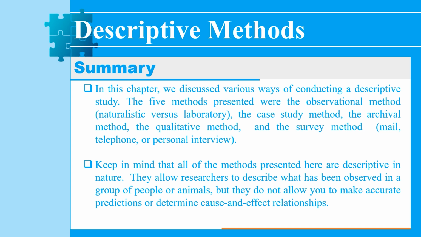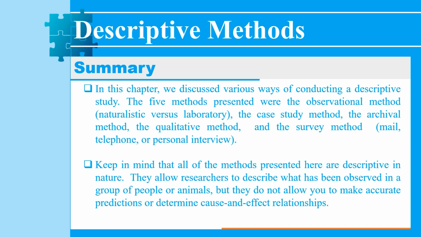Various methods of sampling participants were discussed as well, along with how best to write a survey and arrange the questions on the survey. Keep in mind that all of the methods presented here are descriptive in nature.